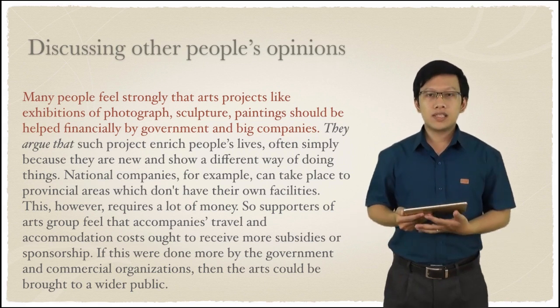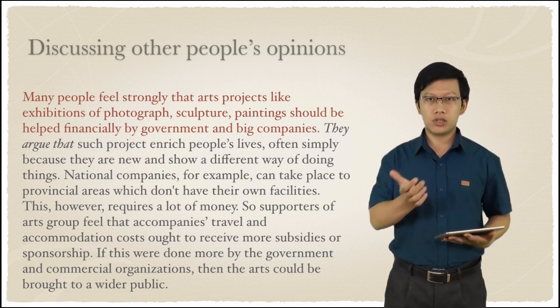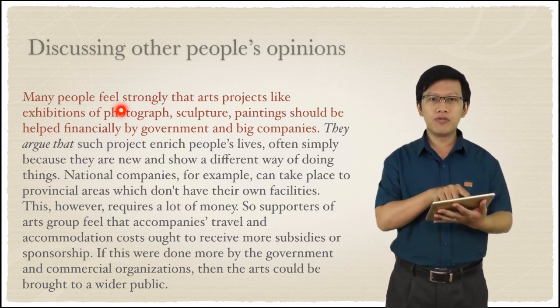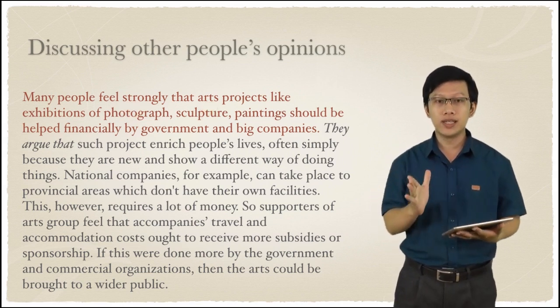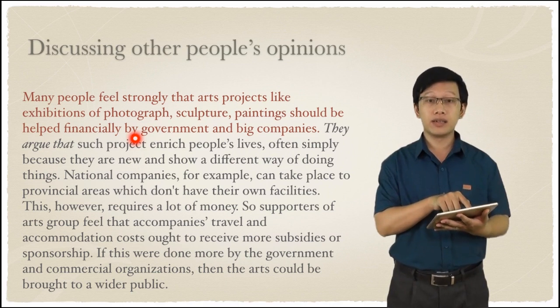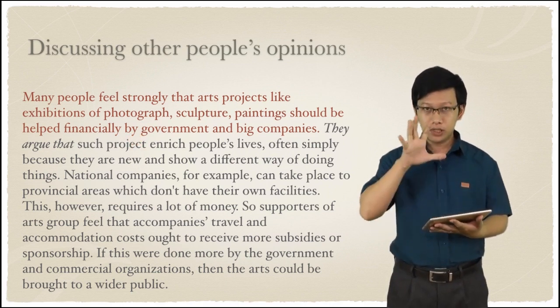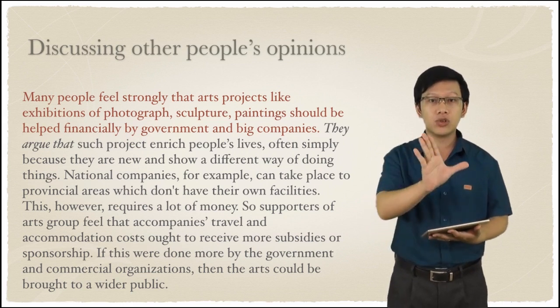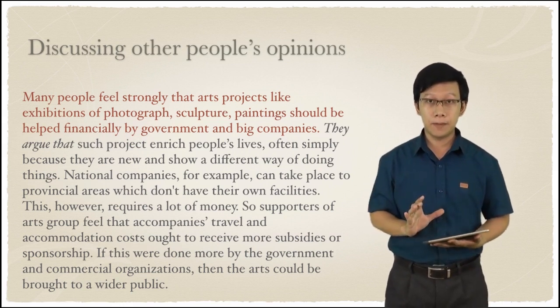So let's say, what is this paragraph about? Is it about arts or about science? Certainly this is about art. We say many people feel strongly that arts projects like activism should be helped financially by the government and big companies. This paragraph focuses on why the government should give money to arts projects. Okay.